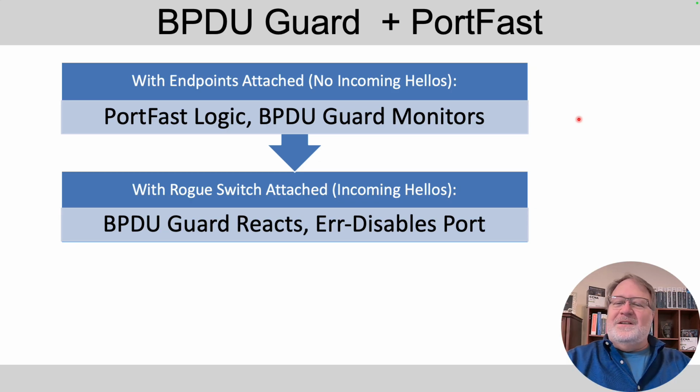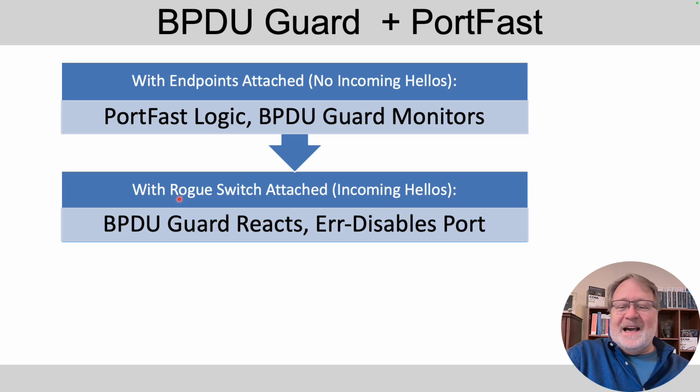All right? So when everything's great, there are endpoints attached, not rogue switches, and there are no incoming hellos. PortFast is working. We get fast convergence. But it's BPDU Guard that's monitoring for those incoming hellos.